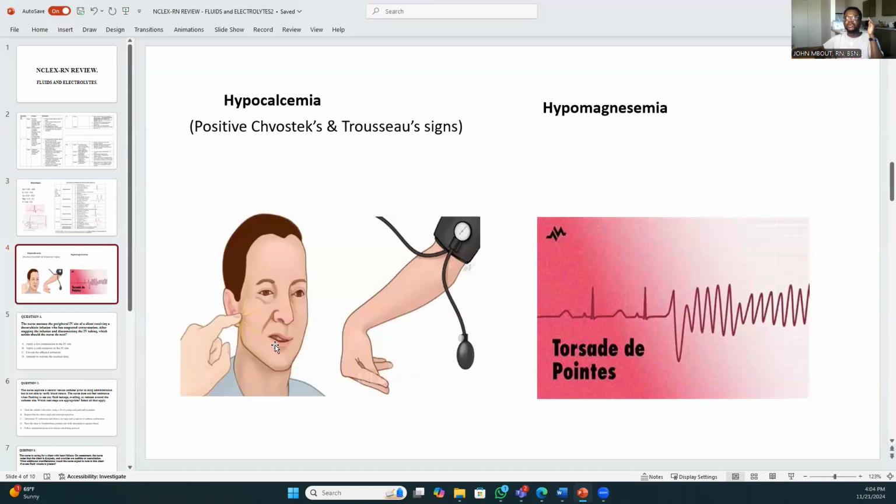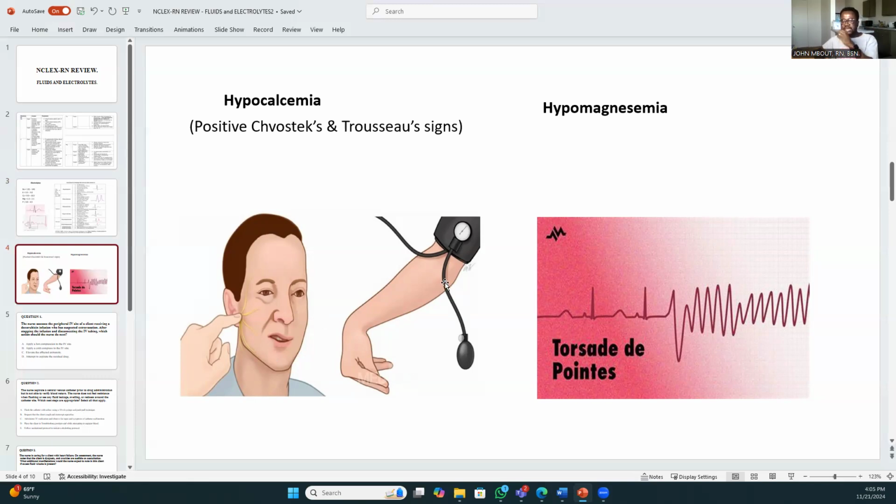If somebody has hypocalcemia, there will be that twitching sign. When you tap the facial nerve, the face will twist.